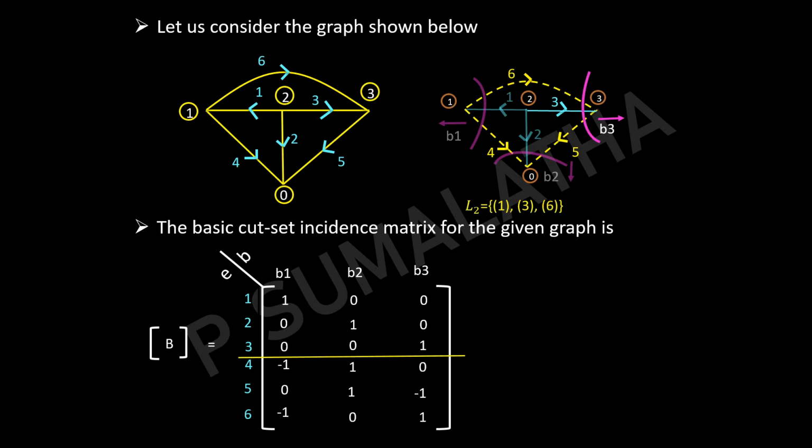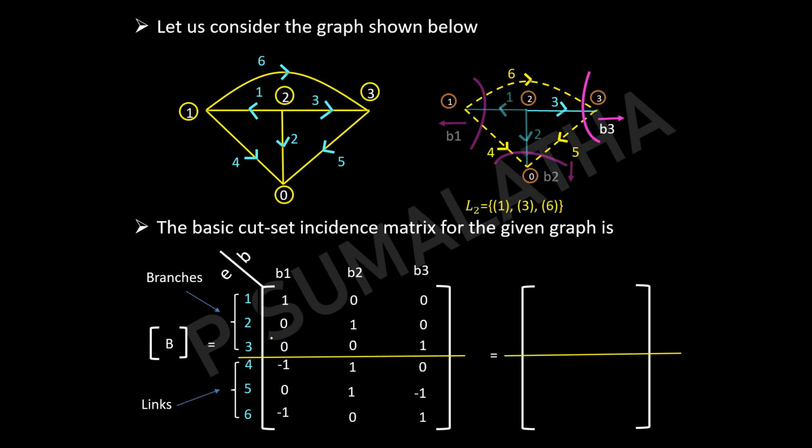The rows above this line correspond to the branches and the rows below correspond to links. The upper matrix is a unit matrix corresponding to branches, which you can represent as U suffix b, and the lower matrix is the basic cut set matrix corresponding to links, which we represent as B suffix l.